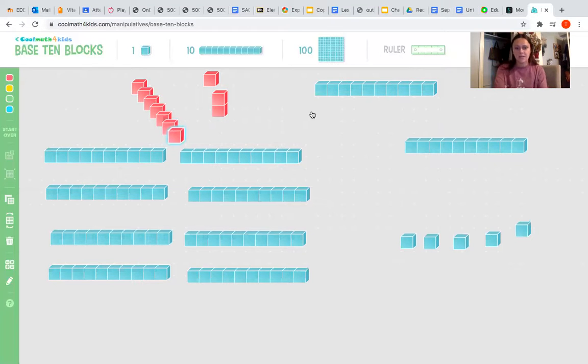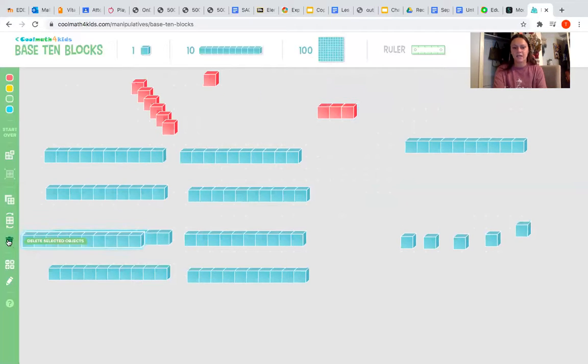So these 10 units now make up our long. So now because we have our 10 units, we can go ahead and just get rid of this long and just push it to the side. So now we have our 10 units.